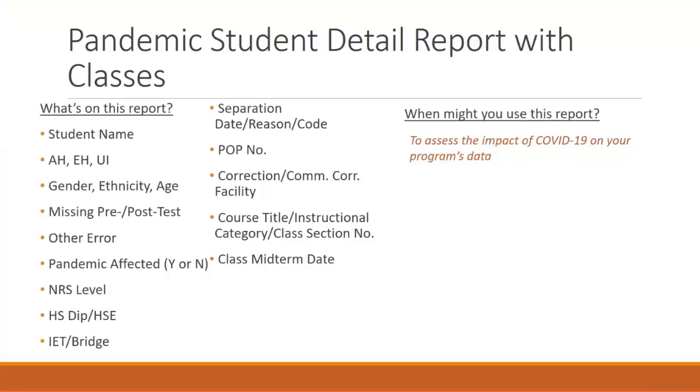And it has a lot of the important information of a student, whether or not they are pandemic affected, whether or not they're missing a pre or post test due to the pandemic. And it gives you an idea of how that restriction is, or even just the pandemic in general, if you're using a temporary testing waiver, is affecting your program's data.